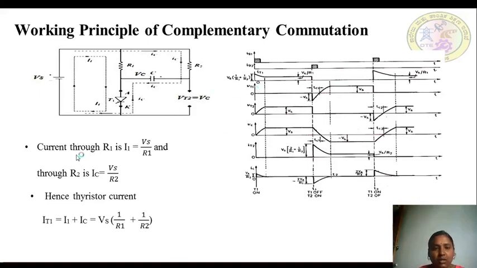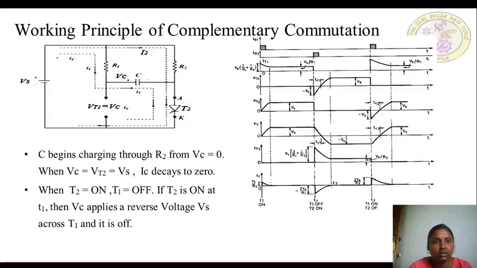Now the current through R1 is I1 equal to Vs by R1, where Vs is the supply voltage. In this slide you can see the capacitor is now charging through T2. T1 is turned off by the reverse voltage applied by the capacitor once T2 is turned on.